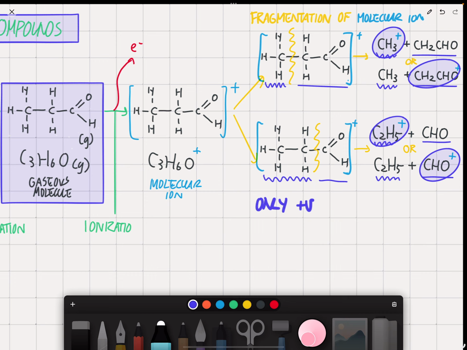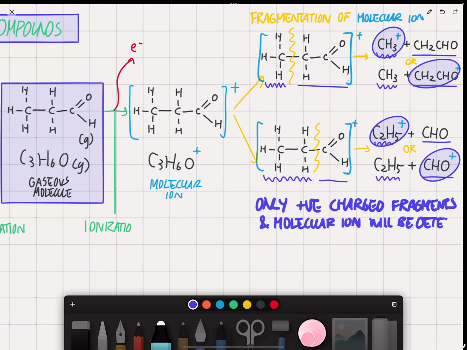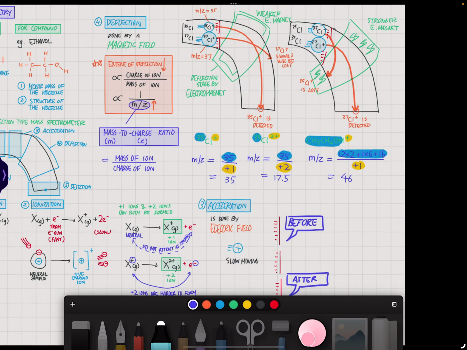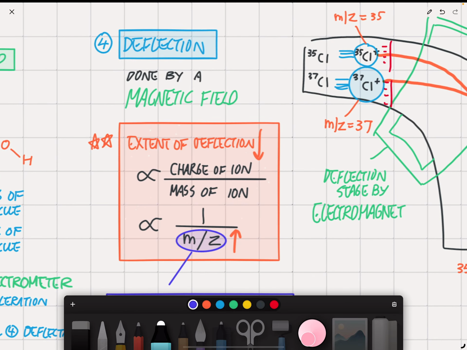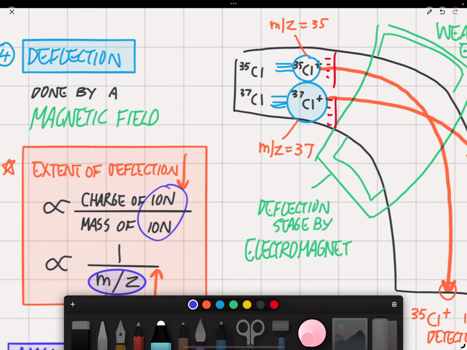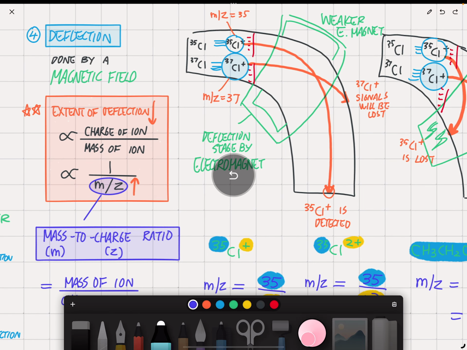Only positively charged fragments, and the molecular ion, will be detected in the mass spectrometer, because of ionization and deflection. In the deflection stage, only ions can be deflected. So if you produce something uncharged in the mass spectrometer, it will just head straight to the wall here.